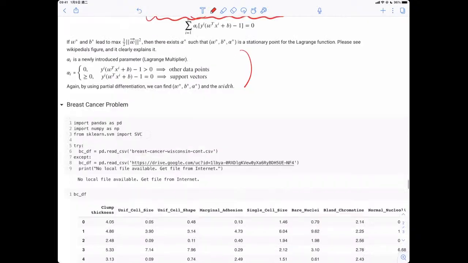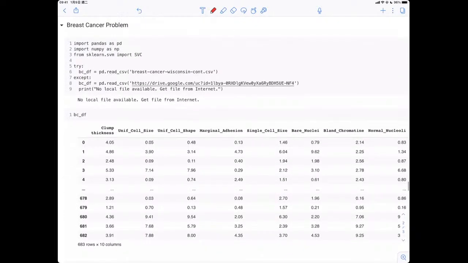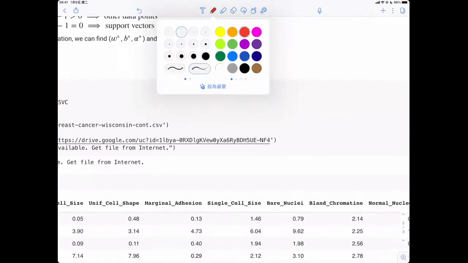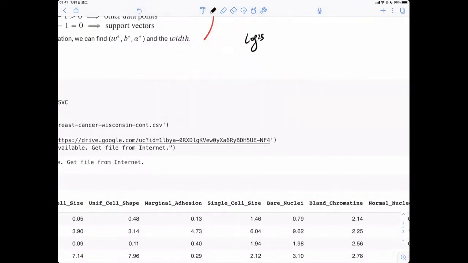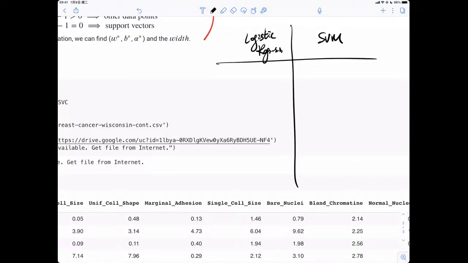So basically, if we have such a tool, what is the difference between logistic regression and SVM? First, the same: logistic regression tries to find a binary target. SVM is also trying to find a binary target.